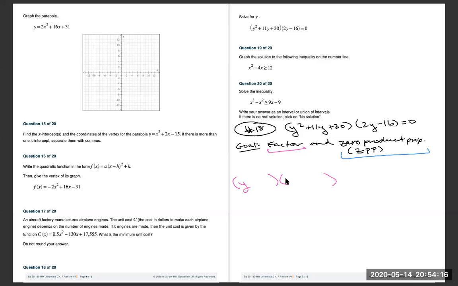So y takes the lead. We're going to have plus 5, plus 6. And then for your second factor here, which is a linear factor, we can factor a 2 out, and we're left with y minus 8.